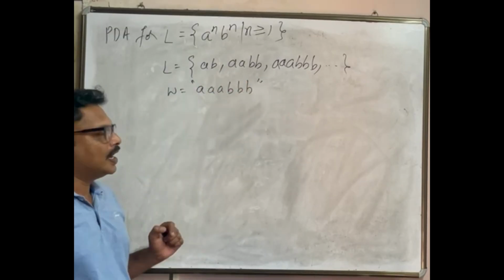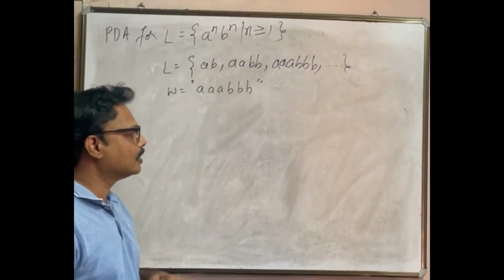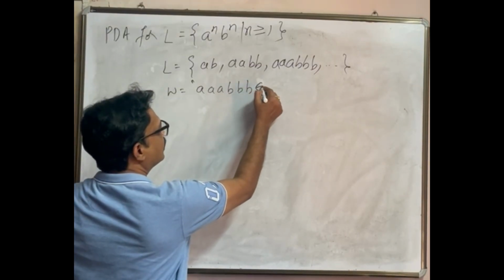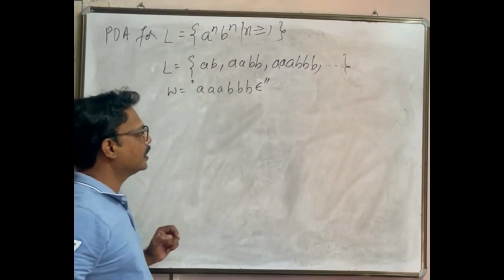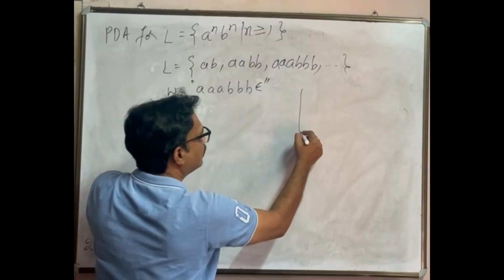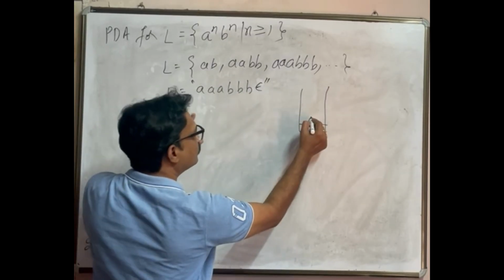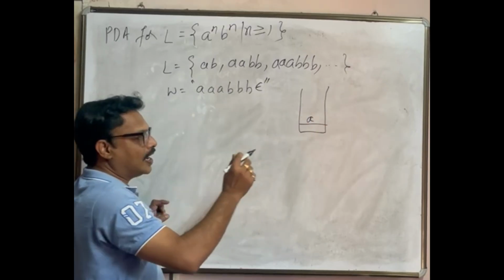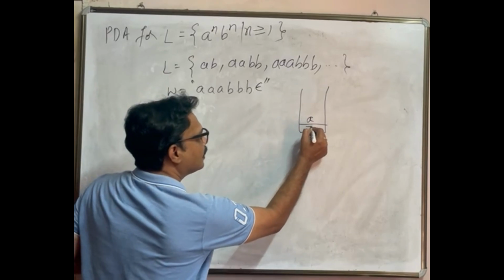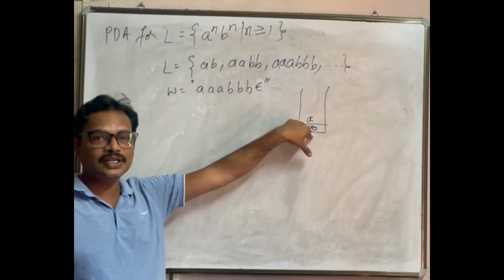As we know, a PDA makes use of a stack as its internal memory. So how it deals with this: there is an epsilon here, at the end of the string. When it encounters A, the first symbol, it pushes it onto the stack. As a stack empty marker, there will be a symbol Z0 at the very bottom of the stack.